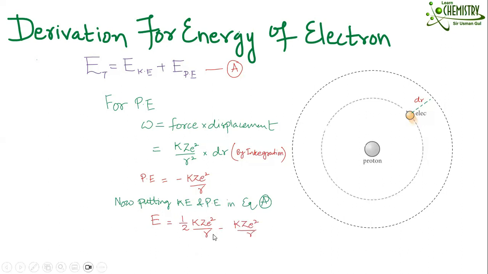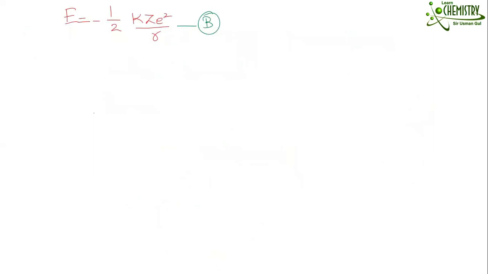If you focus on this expression, this is half kze square upon r, and this one is only kze square upon r. It means it is 1 basically. Half minus 1 means minus half. So E will be equal to minus half kze square upon r. Now this is the formula for energy. I will call this equation B.